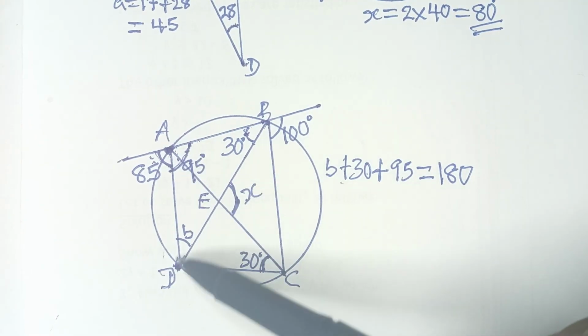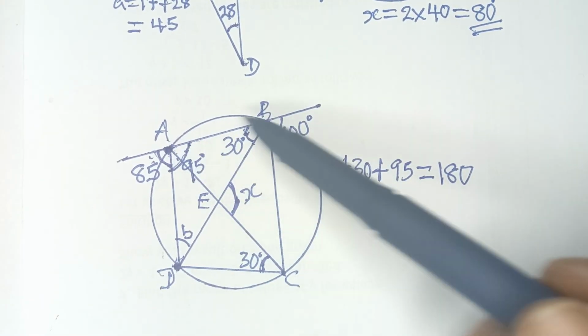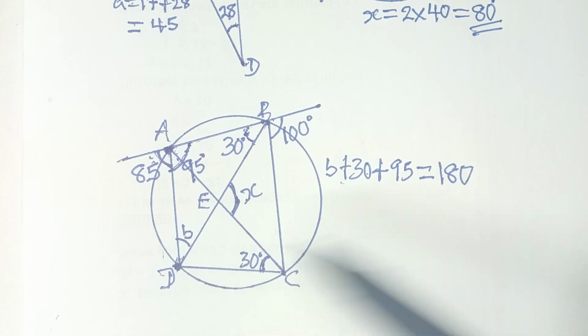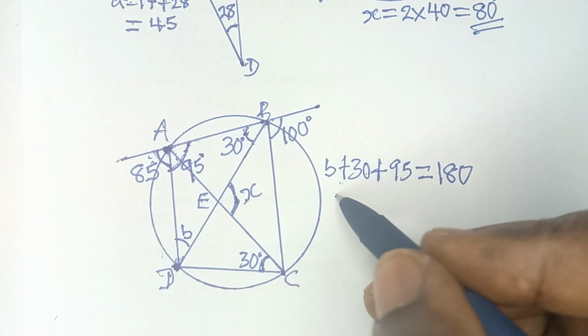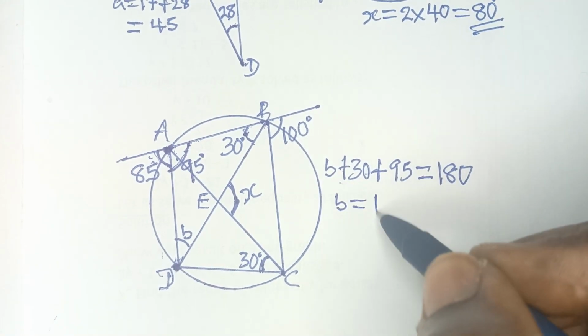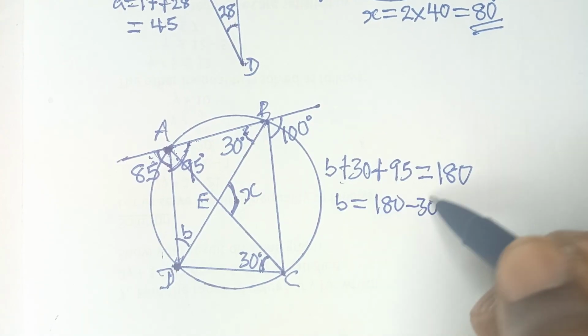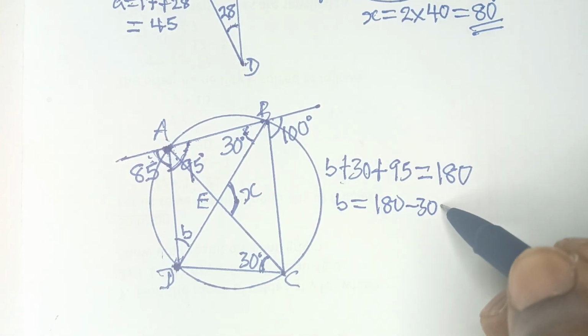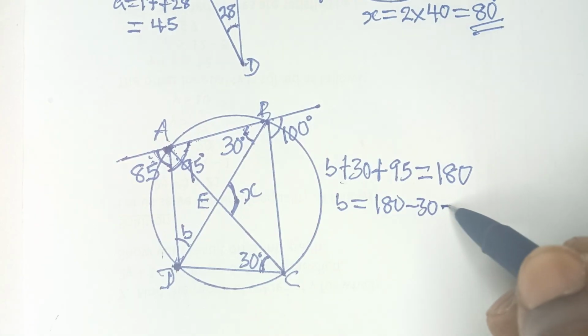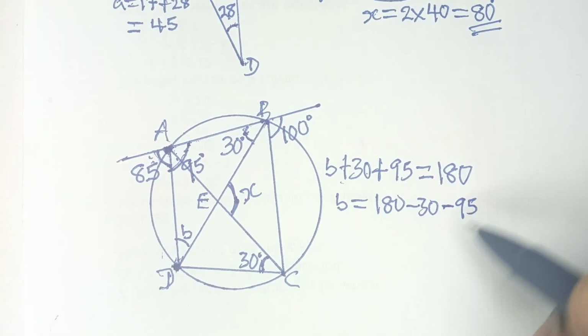So this is the triangle that we are looking at now, this triangle ABD. So B from there will be equal to 180. 30 goes to that side, becomes negative, minus 30. And then 95 comes to this side, it becomes minus 95.